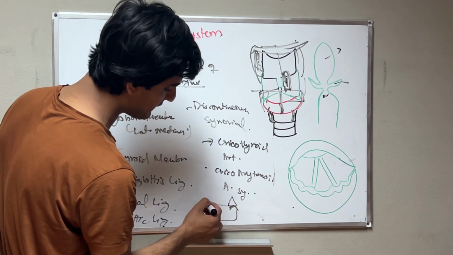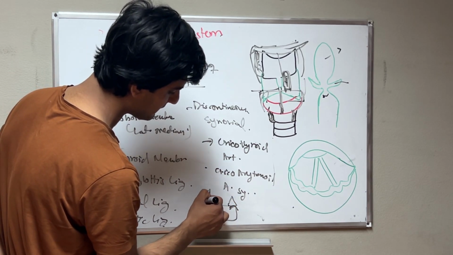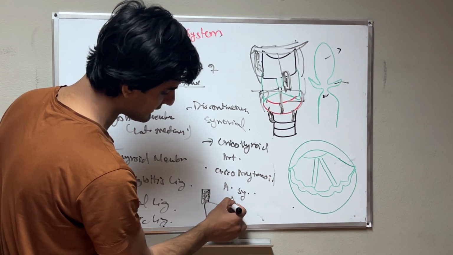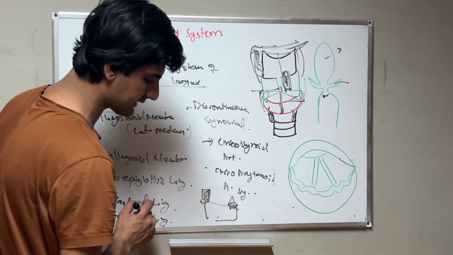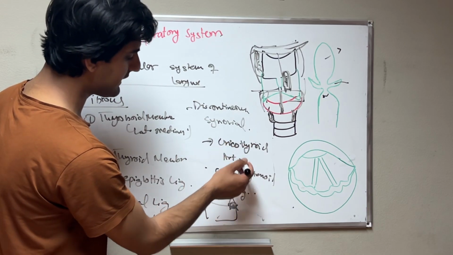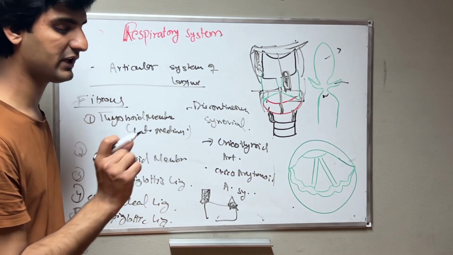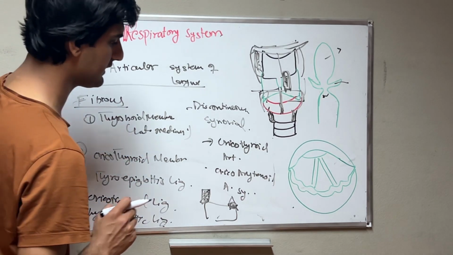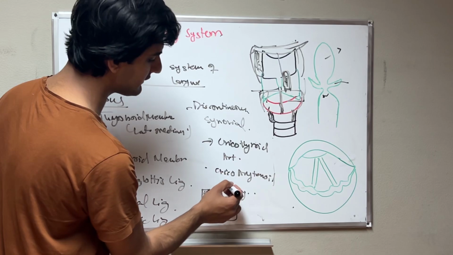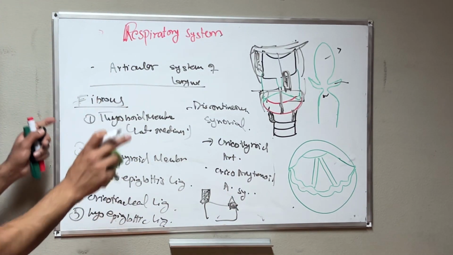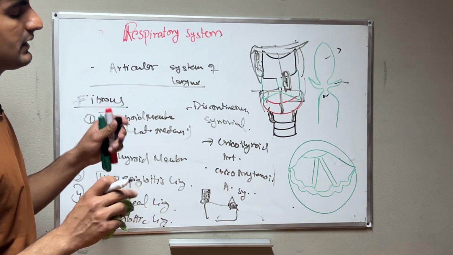And here it is attached with the thyroid cartilage. It means here attached with arytenoid cartilage, here attached with thyroid cartilage, so we have two articulating systems in the cricoid. And this is synovial, where we can find synovial fluid. This is synovial joints. Okay, the cricothyroid articulating system and cricoarytenoid articulating system are the articulating systems you can find in the larynx.